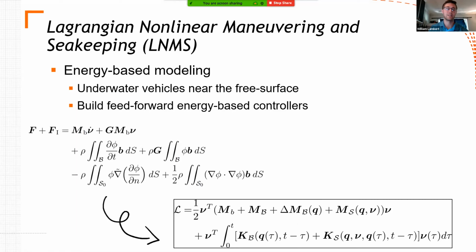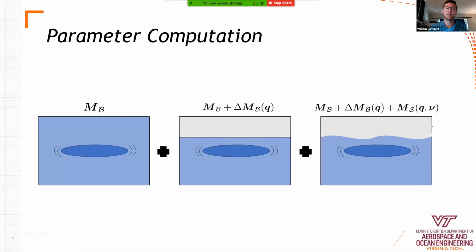Focusing primarily on the impulsive motion part of this Lagrangian, this top line, we see 4 different mass terms, which are shown here. First we have the rigid body mass matrix, which is known prior. But then we have 3 additional added mass matrices. We have a deeply submerged added mass.